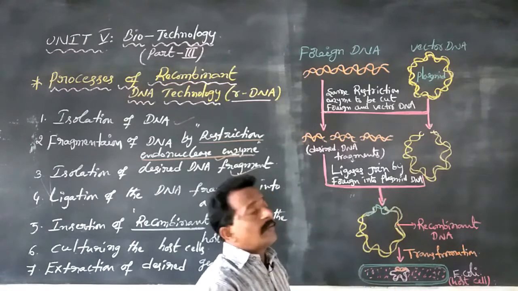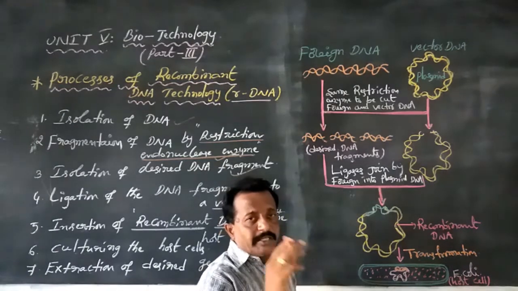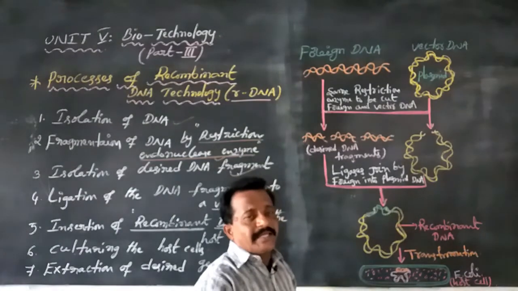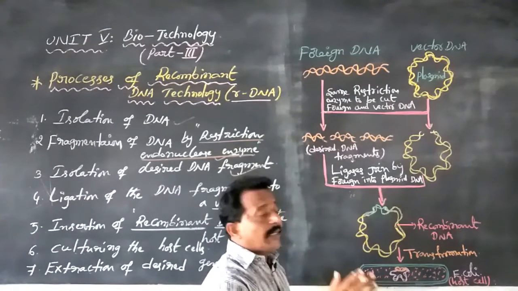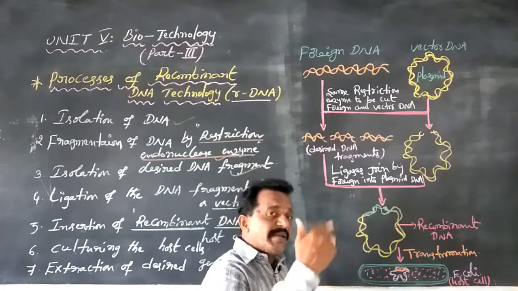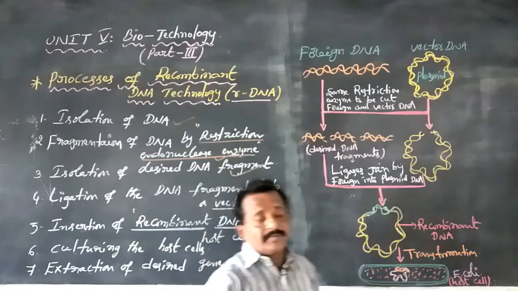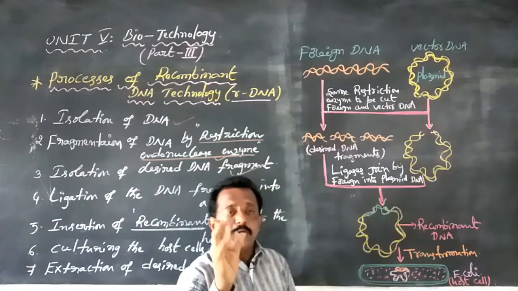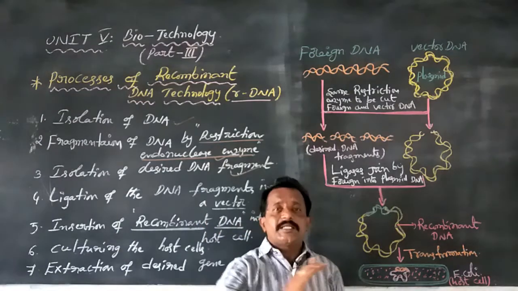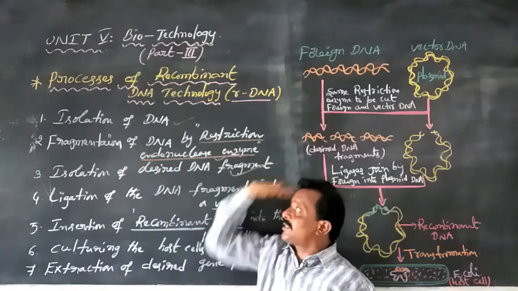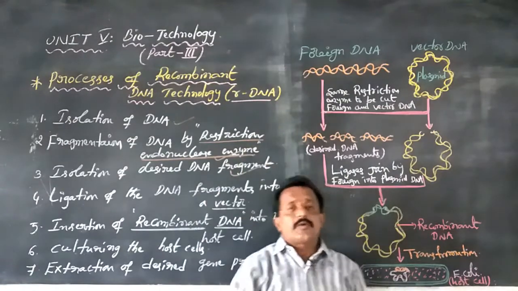This plasmid occurs only in bacterial cells. A bacterial cell contains the bacterial chromosome as well as the plasmid. This plasmid acts as a vector or agent in the recombinant DNA technology process, or genetic engineering process.